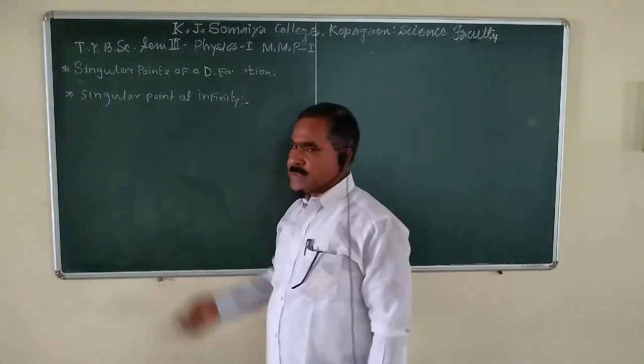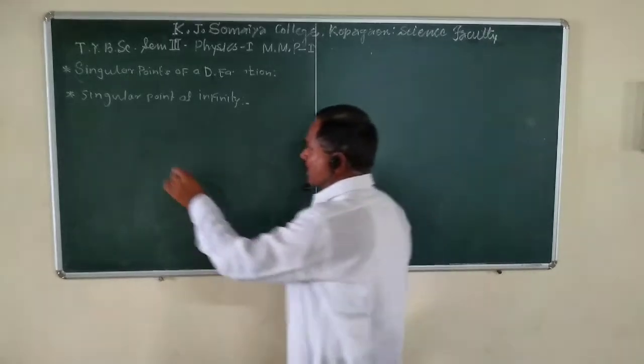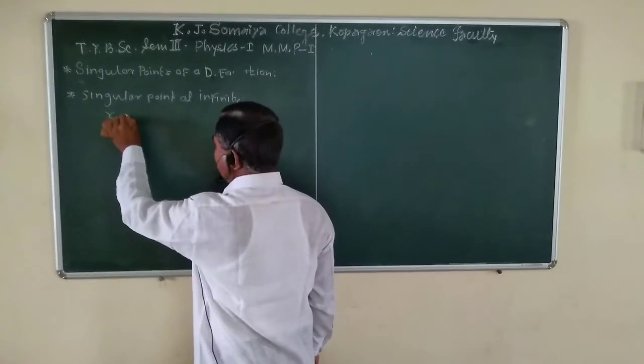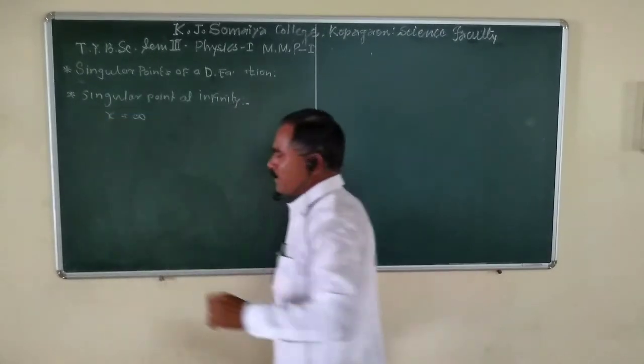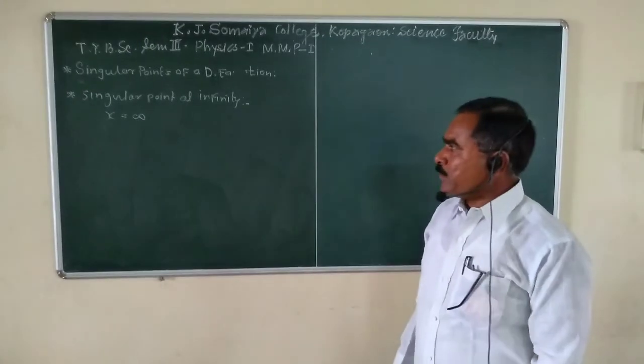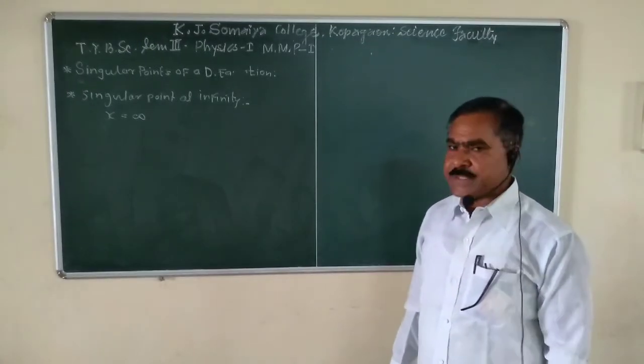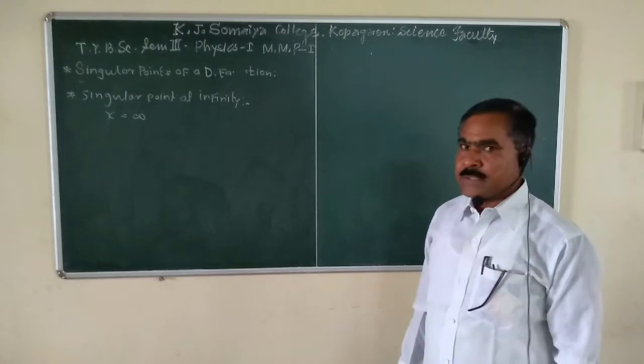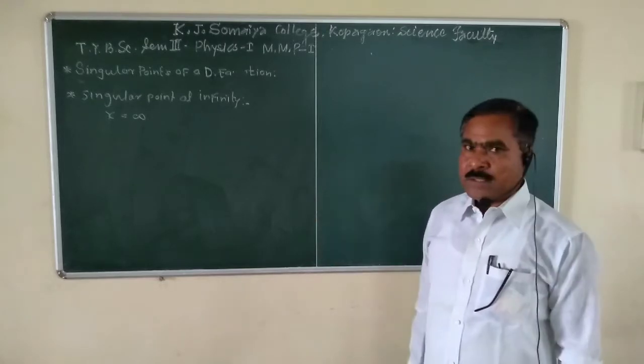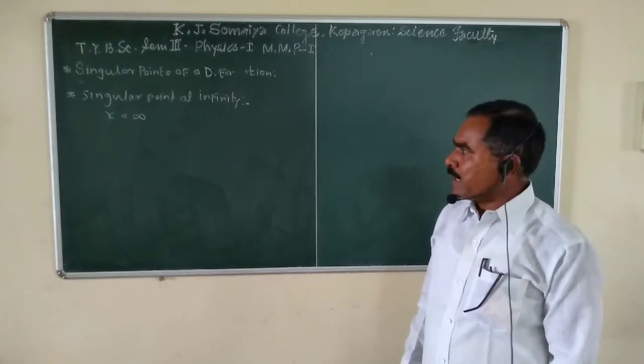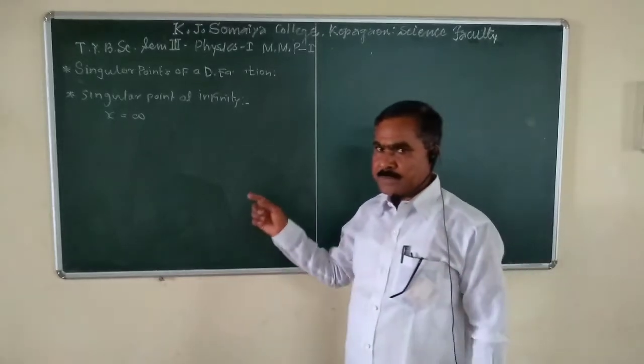So in this case, if we consider the point x equal to infinity, then we have to decide whether the point x equal to infinity is an ordinary or singular point of the differential equation at infinity.